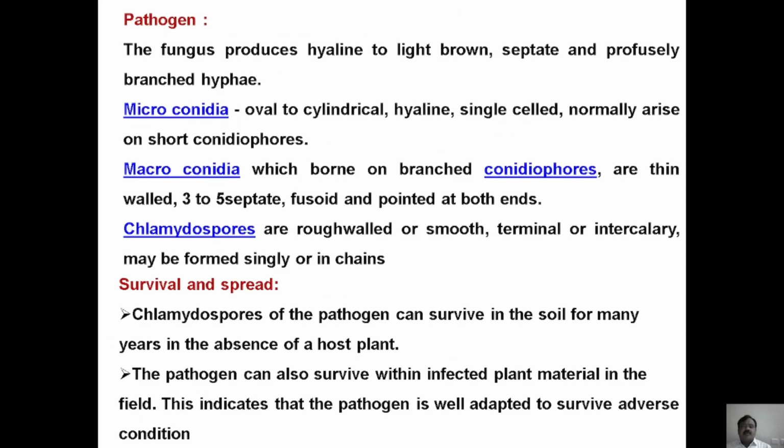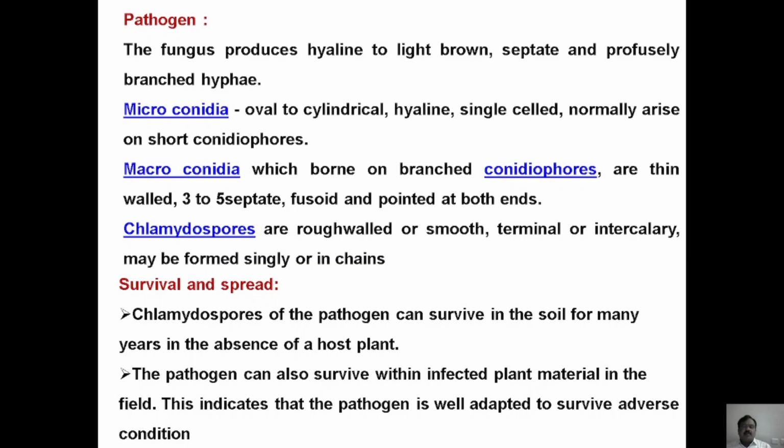So the pathogen Fusarium is known to produce three kinds of spores called macroconidia, microconidia and chlamydospores. The microconidia are oval to cylindrical in shape, hyaline in nature, single-celled. Normally they arise from short conidiophores, while the macroconidia are borne on branched conidiophores, which are thin-walled, 3 to 5 septate, fusoid with pointed tip at both the ends.